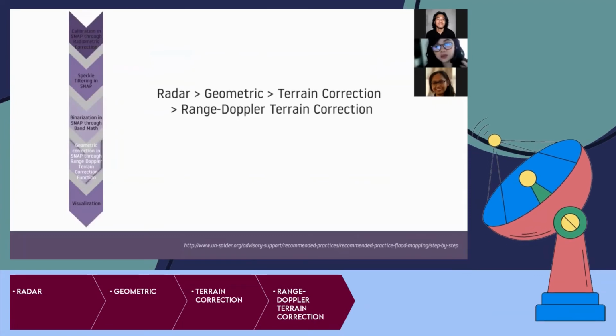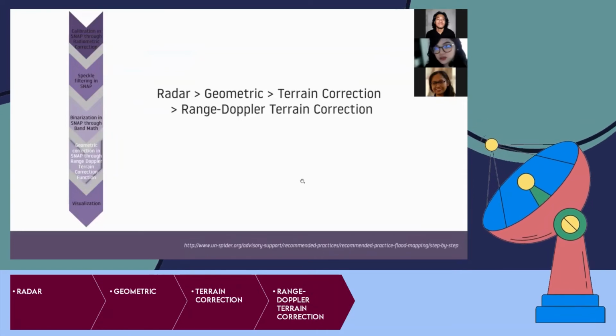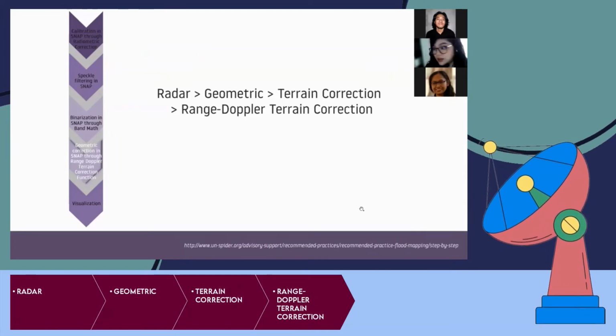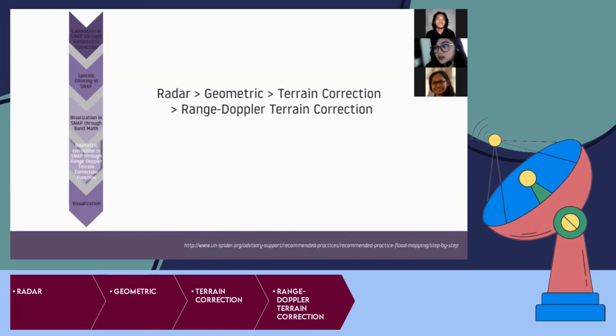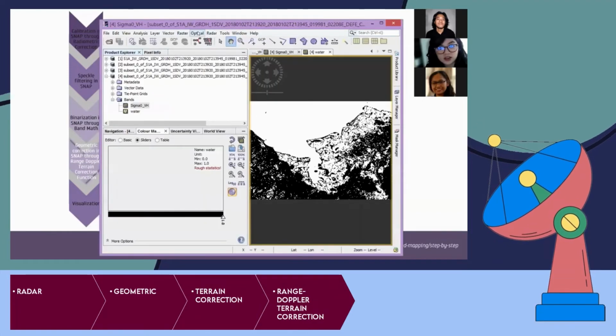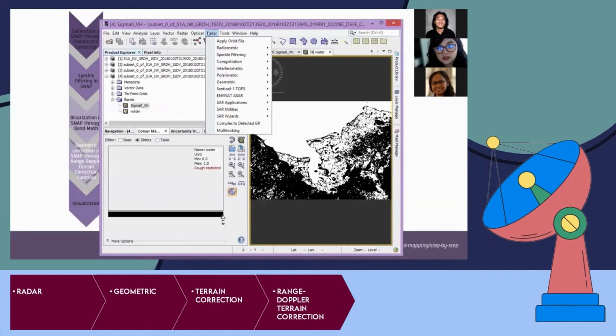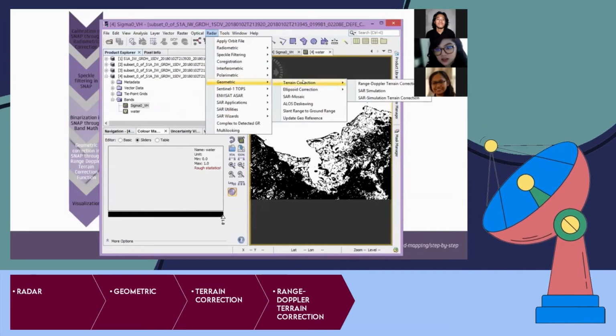So, we have to apply a terrain correction para maging maayos yung orientation niya. So, this is what we have to do. We just have to go to radar and then find geometric and then terrain correction. Tapos range Doppler terrain correction. So, here, same lang kanina. Radar is here. And then geometric and then terrain correction and then range Doppler.